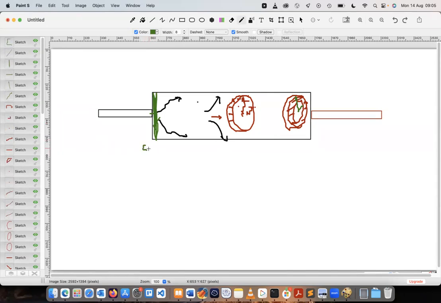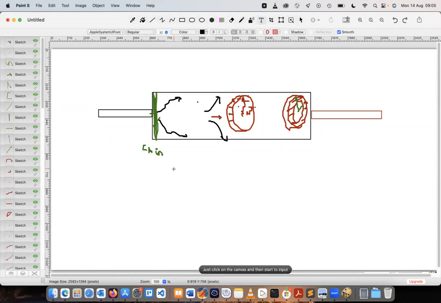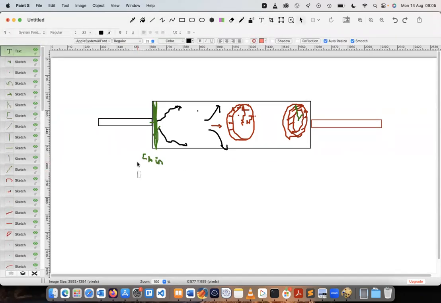So Ca in is the inlet concentration. That's what we have here. So that's our inlet concentration.